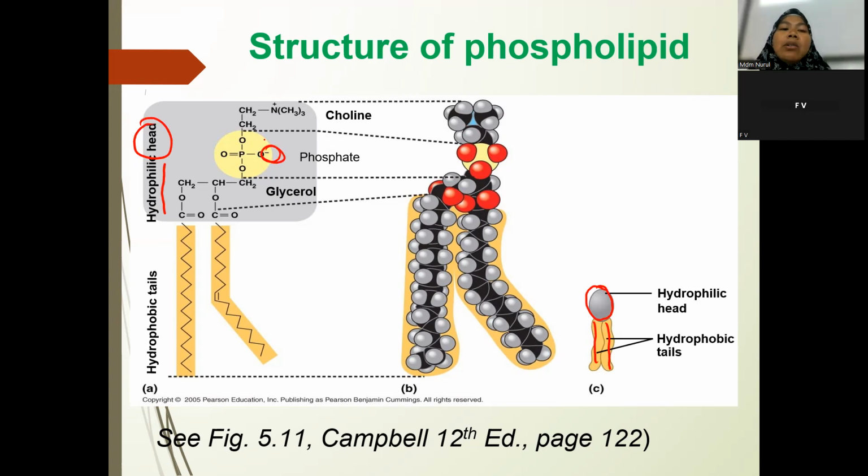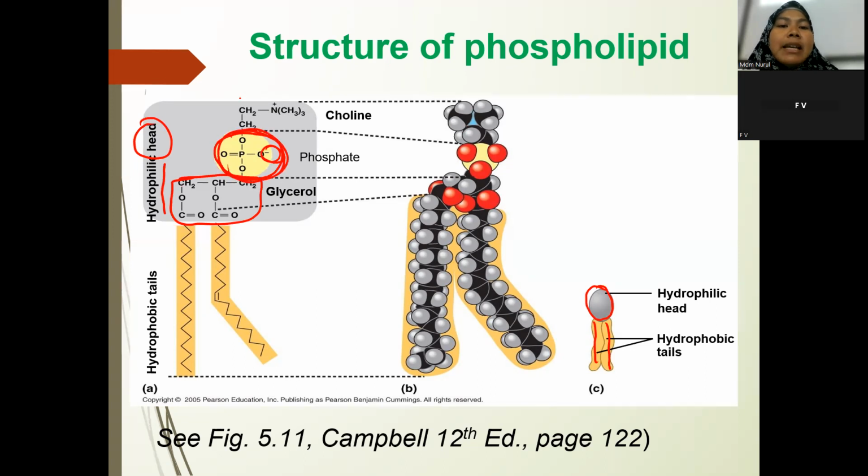Okay. Now, the hydrophilic head. Bahagian kepala composed of glycerol. This is glycerol. Jangan hafal. I mean, tak payah nak hafal CH2CH. Okay, you just know that is glycerol. And this is phosphate group, OPO3 2 minus. This is phosphate group.